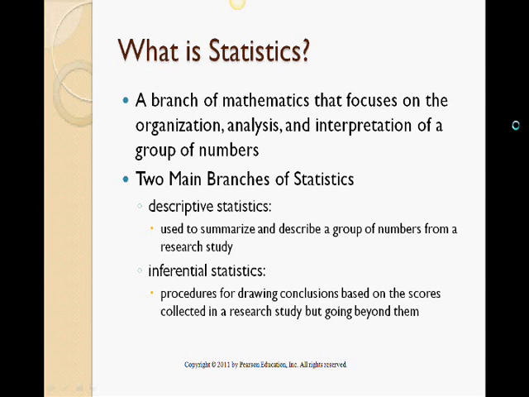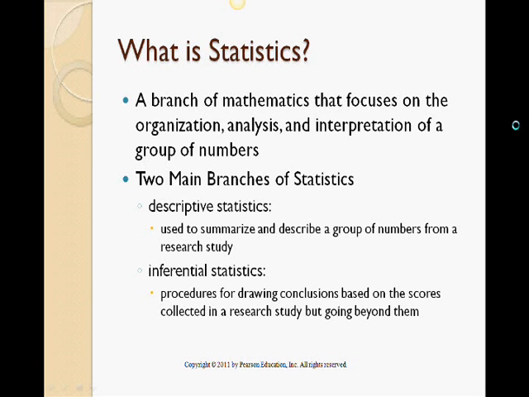There are two main branches of statistics, and basically when we talk about two main branches, it's how statistics are used. Descriptive statistics are used to summarize numbers. Your textbook says a group of numbers from a research study, but actually descriptive statistics are used even outside of research.